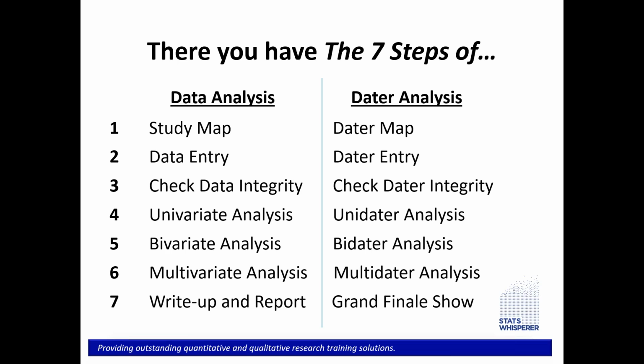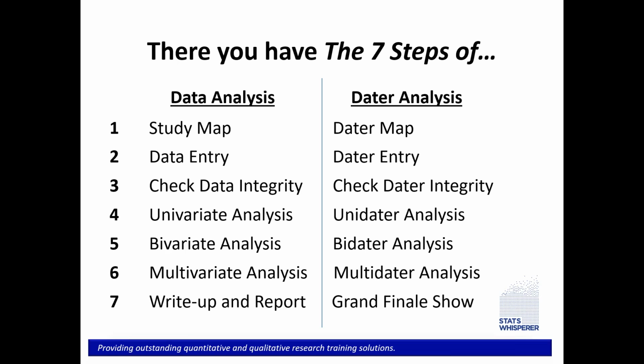Step 1, the study map. What relationships are being compared, just like a data map. Step 2, data entry, which is the same on both sides. Step 3, checks for data integrity, just like checks of data integrity. And then step 4, univariate analysis, unidata. We're looking at the characteristics of one variable or person at a time.